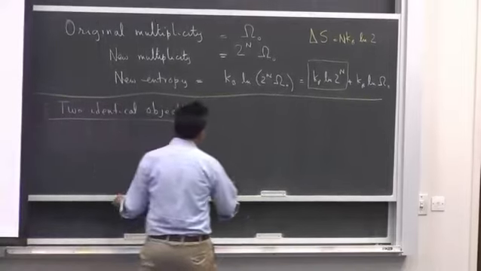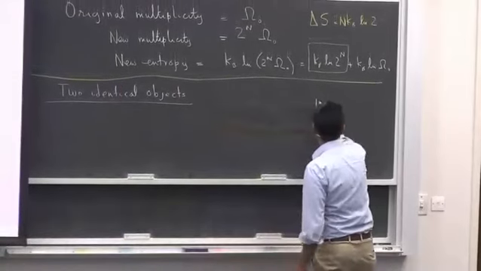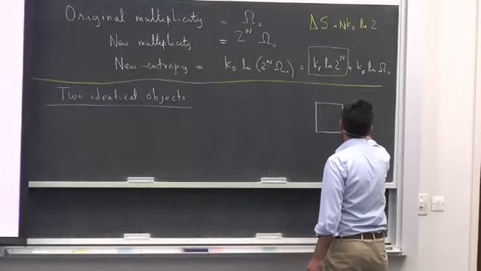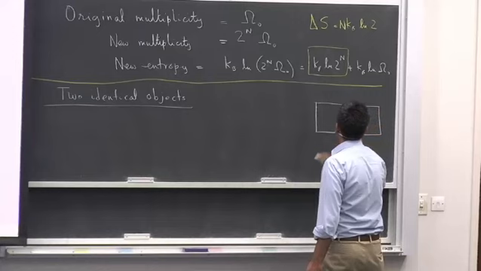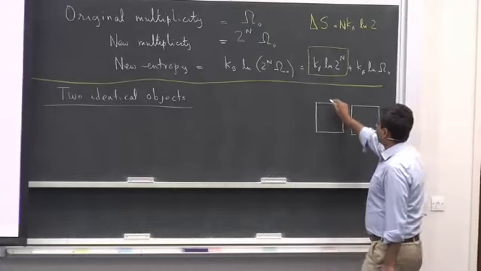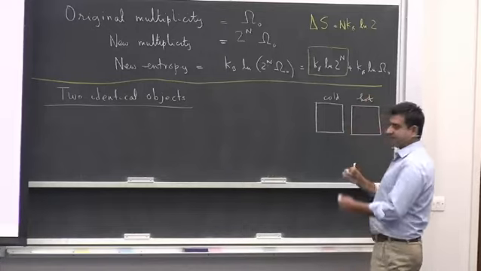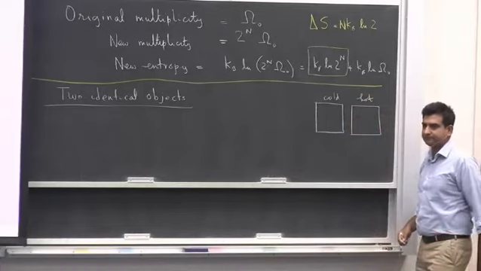One is hot, the other is cold. So here is my diagram. I have a cold object and a hot object, and these solids have the same mass and are the same material.